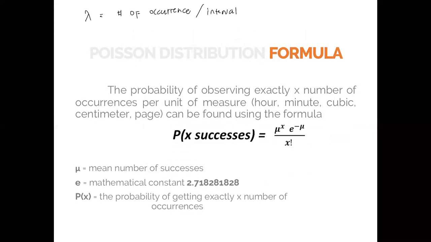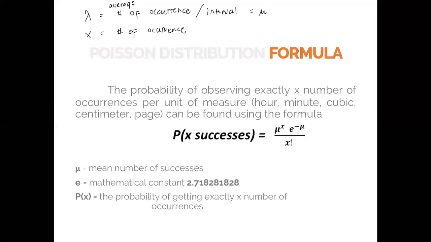So, ibig sabihin may number of occurrence per interval lagi siya na given, meaning yun yung lambda natin na dito sa given formula natin, equal siya dun sa mu natin or dun sa mean natin. Okay? Ibig sabihin pala ito is average number of occurrence per interval. Okay? Then si x natin is of course yung number of occurrence dun sa random variable natin. Okay?